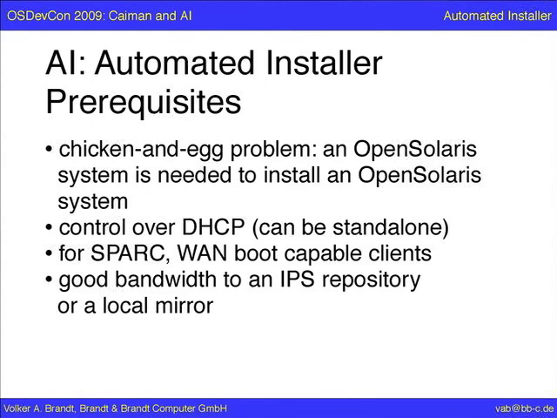For Spark, you need to have WAN boot capable clients. I'm not going to go into WAN boot, except that it's a method of installing and booting a system. You don't have to install, actually, you can just boot a system across a network, WAN wide area network boot, by using HTTP. And this is built into the firmware in your machine.